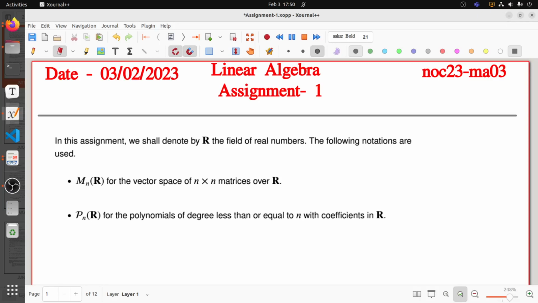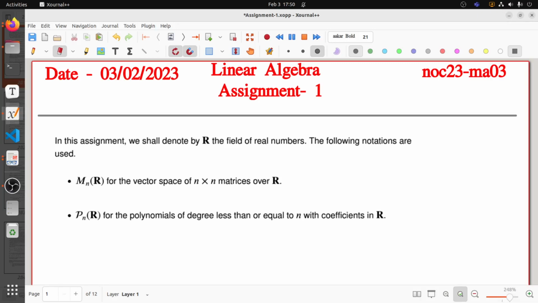And p1 is in W, which implies a naught is 0, p2 is in W, which implies b naught is 0. So these two are 0, which implies p1 plus p2 belongs to W, right? Because determinant of p1 plus p2 is 0. So W is closed under addition.